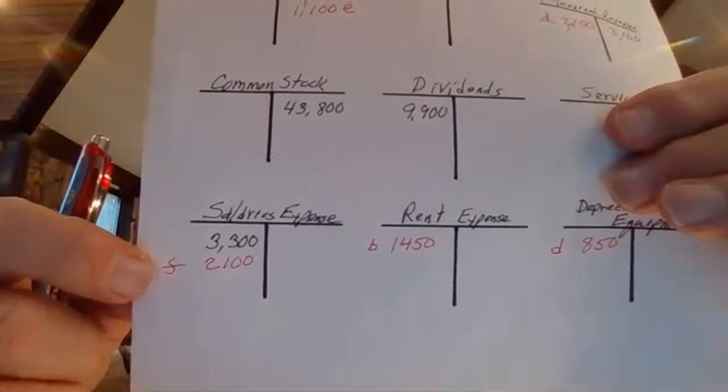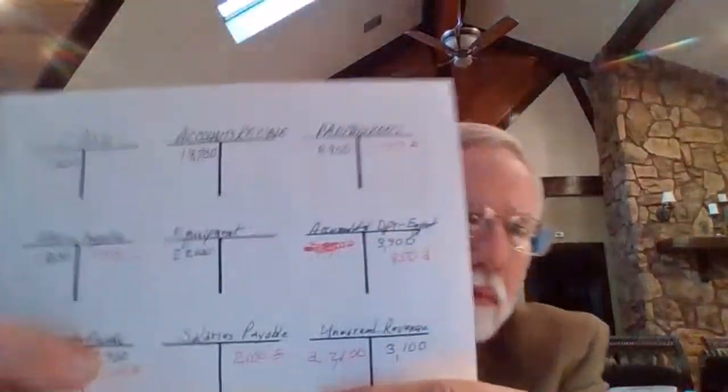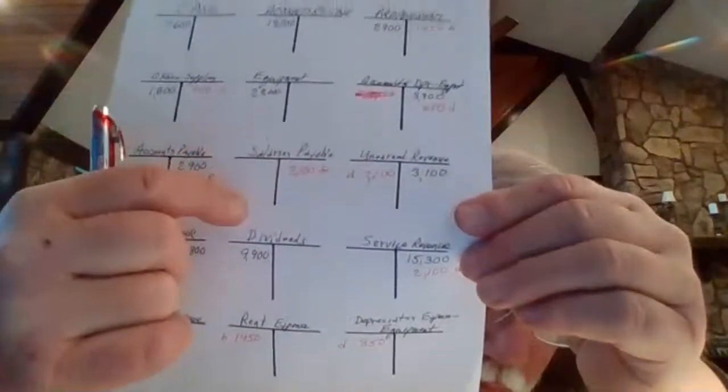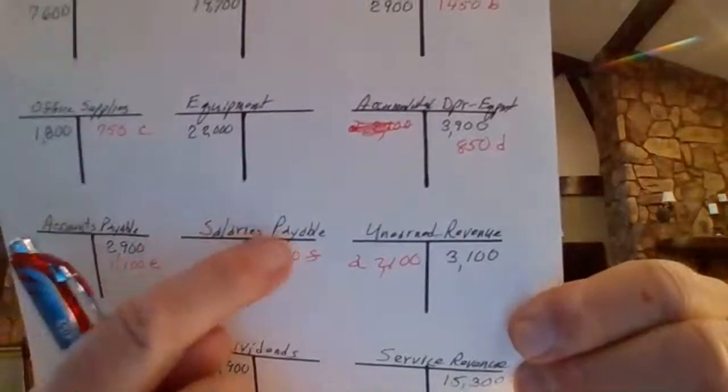Sorry about that. And salaries payable is going to pick up a credit of $2,100. Salaries payable right there.